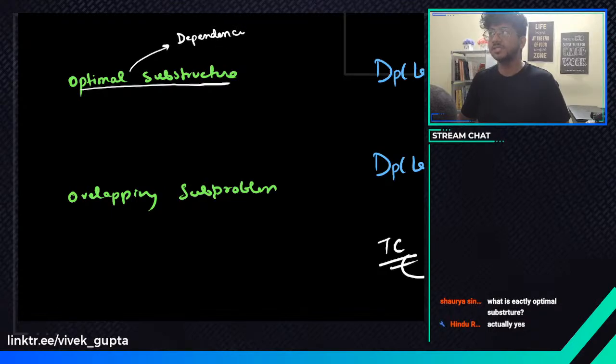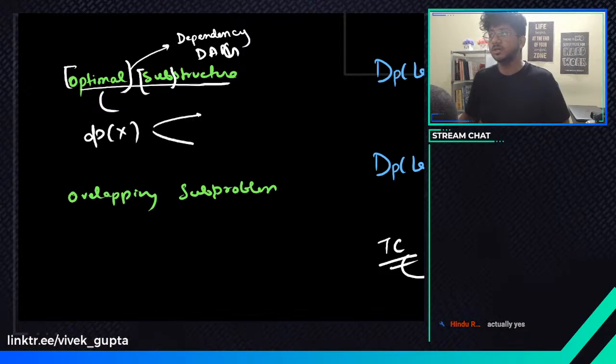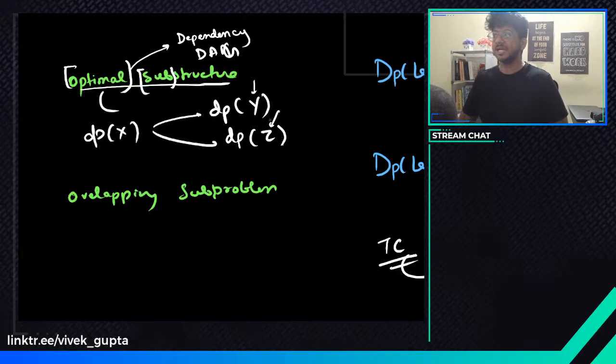DAG means you only go for smaller substructures. Like, sub means smaller. And optimal here means that, let's say, some dp of x depends upon dp of some similar state y and dp of similar state z. So first of all, this y and z should be smaller problems of the original problem. So a sub over here in the term.